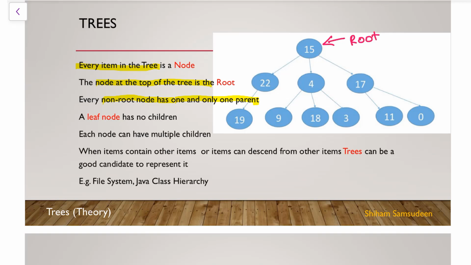And then a leaf node has no children. Here on the last level, we have the leaf nodes. As you can see, they have no children, so we call these all leaf nodes.